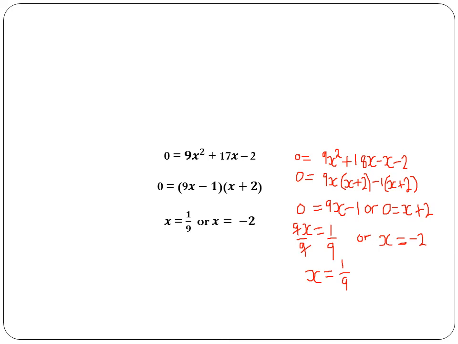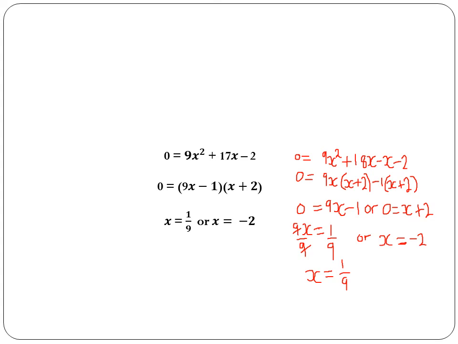So 9x times x will give us 9x to the power 2, and 9x times 2 will give us 18x. Here the coefficient of negative x is negative 1, so negative 1 is the common factor. Negative 1 times x will give us negative x, and negative 1 times positive 2 will give us negative 2.